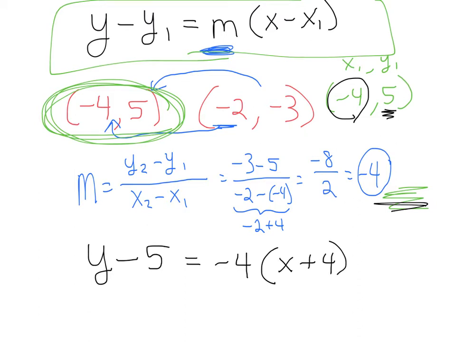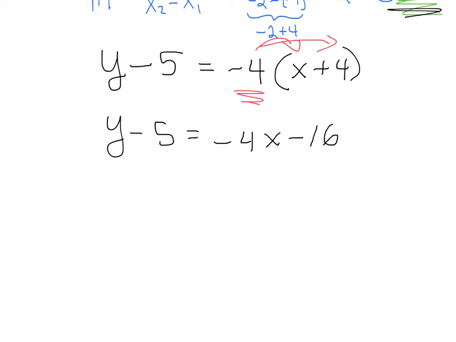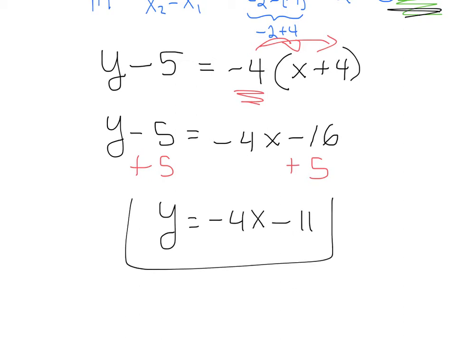Okay, once I have this, it looks pretty simple. Hopefully you all look at this and say, oh, we should distribute this -4. So we get y minus 5 equals -4x minus 16. And to solve for y, we just have to add 5 to both sides, and we get y equals -4x minus 11.